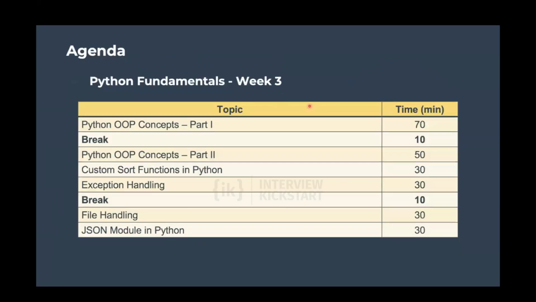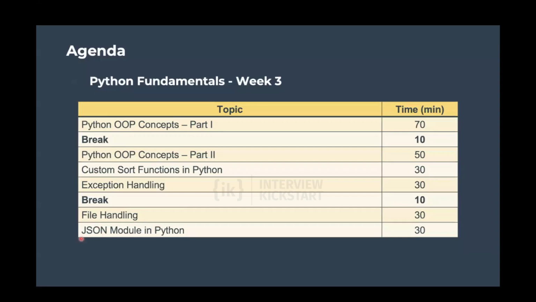So here's the agenda for today. Again, we have 3 parts in this class. The first part will be all about object-oriented programming. And after the break, we continue those concepts of object-oriented programming. And after that, we're going to learn about custom sorting functions in Python and exception handling. In the last part of the class, we are going to talk about file handling, how to read and write to files.